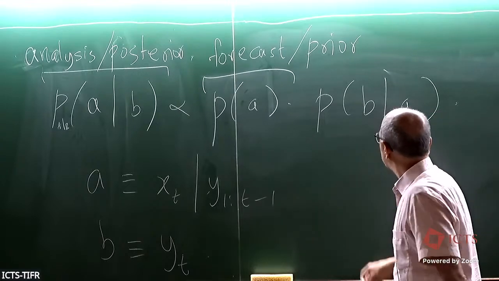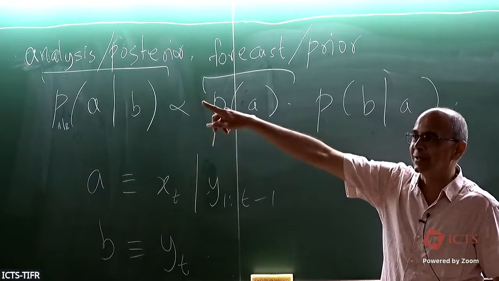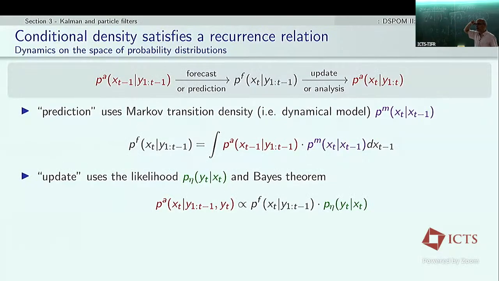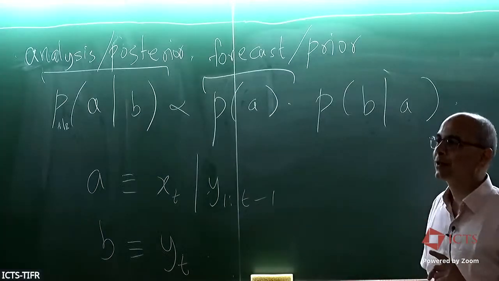So why does it look like y_t given x_t? I said A is x_t given all of these things, but now it will be B given x_t only, because of the Markovian assumption.